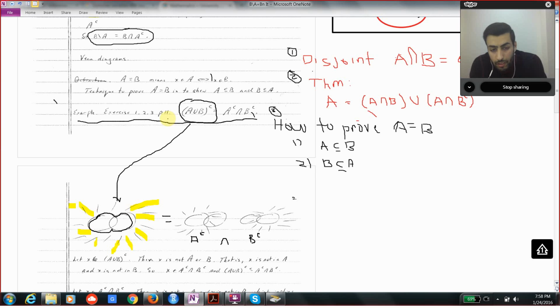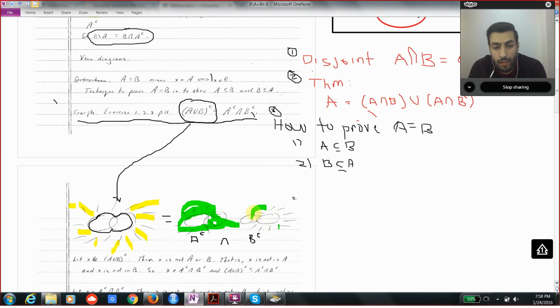And so you notice that when you take the intersection of the complements, okay, let's just take a look at this for a second. I want to look at the intersection of the complements. So this is everything outside of A. Okay.